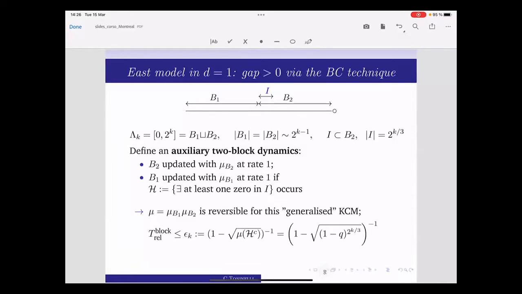The other observation is an easy calculation, but you have to believe me, because this is just a two-site configuration space.